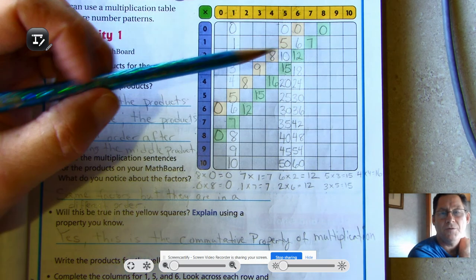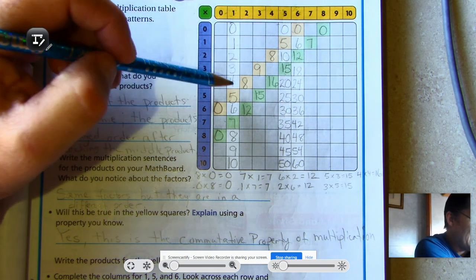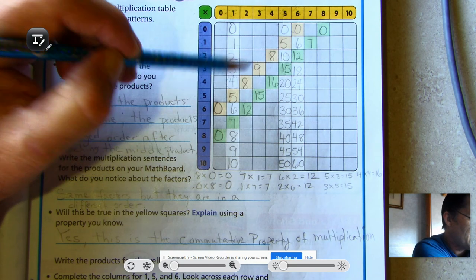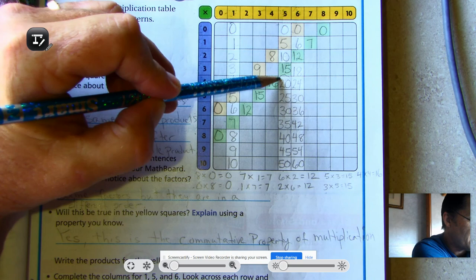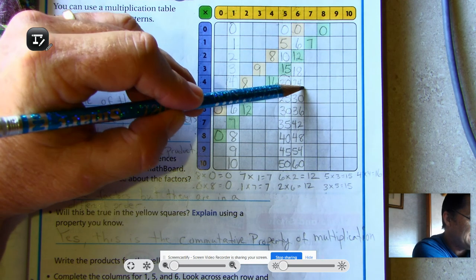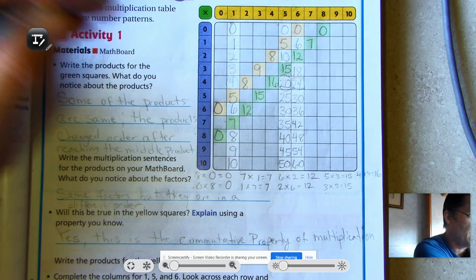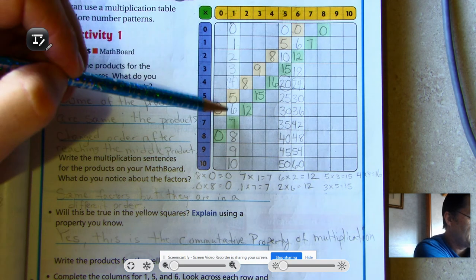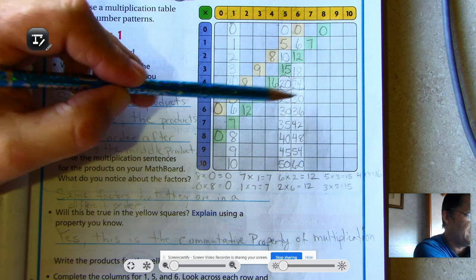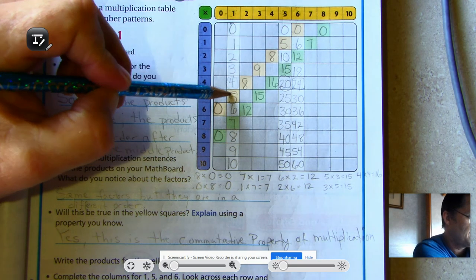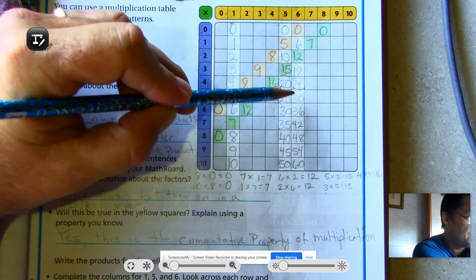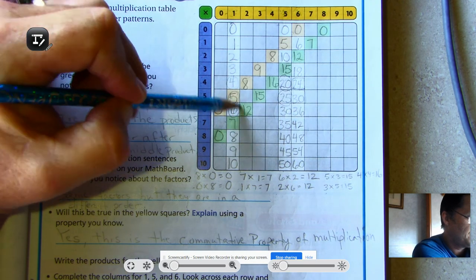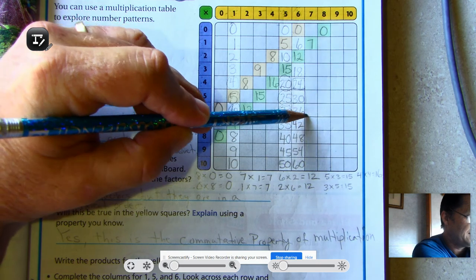So I think what I'm noticing is that if I add the product for 1s plus the product for 5s, I get the product for 6s. So 5 plus 25 is 30. 6 plus 30 is 36.